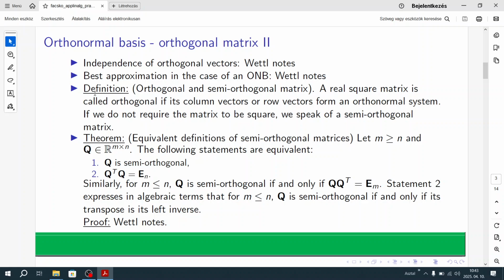These matrices have some very useful features. For example, for these matrices, if you multiply the matrix with its transpose, then you get the identity matrix.